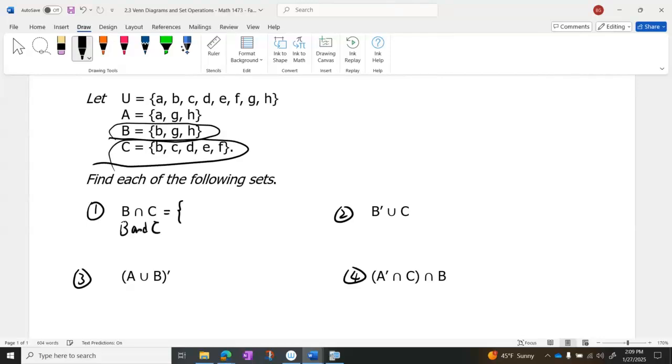C is here. B and C. Knowing where to use and, not or. Where to use intersection, not union. So intersection. Are we looking for the common elements of B and C? Set B and set C. Do they have any elements in common?